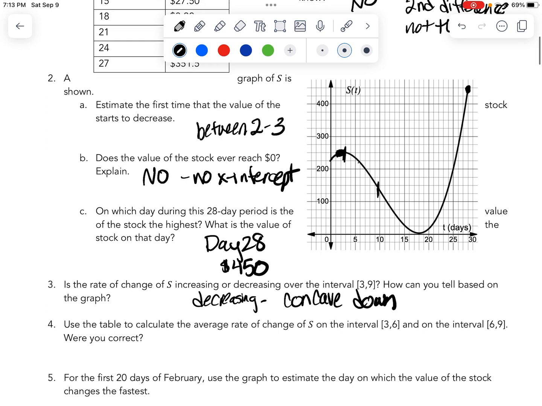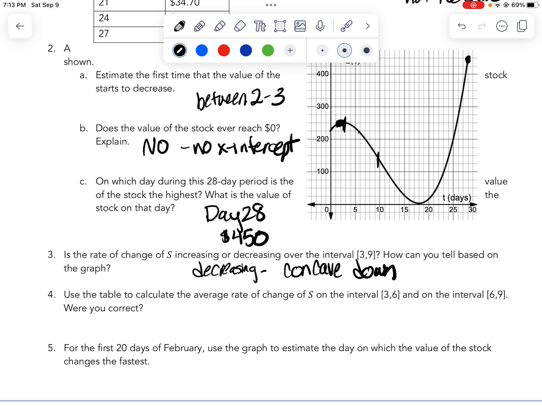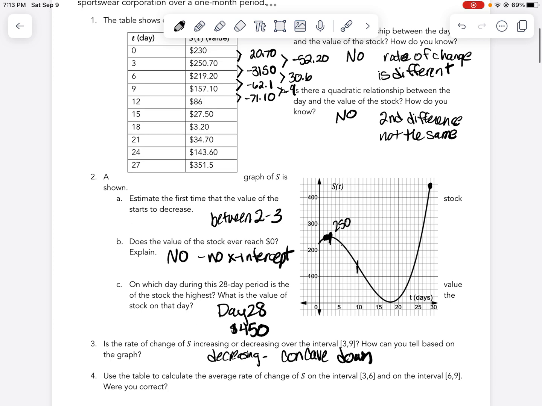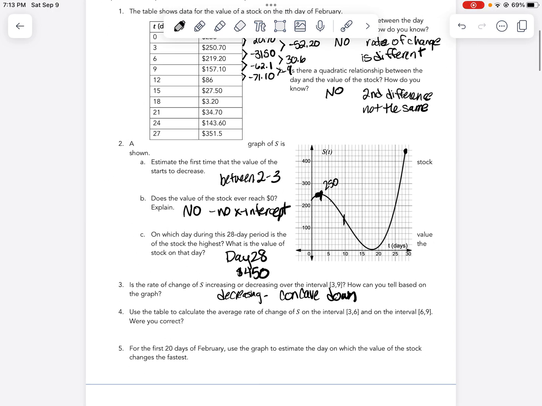Use the table to calculate the average rate of change from 3 to 6 and 3 to 9. So let's see. 3 is right here. So that looks like about 250. Oh, and we could use the table, right? So we could go back up here and say, oh, we know how much it is on day 3.